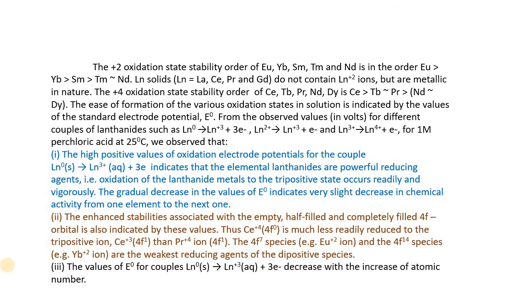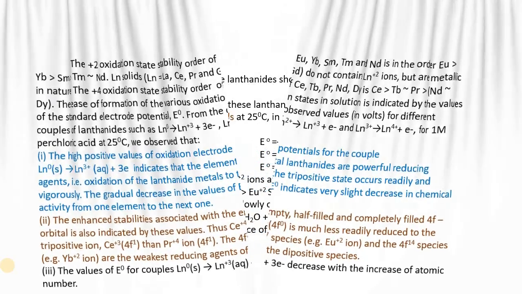And the third one is the value of E0 for couples lanthanide 0 to lanthanide +3 decreases with the increase of atomic number. As the atomic number of lanthanide increases, the E0 value, electrode potential values, will decrease.